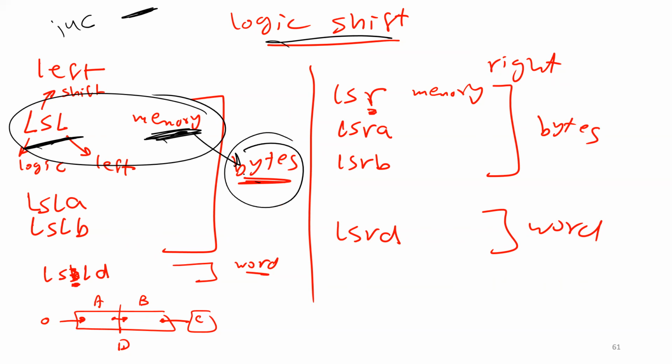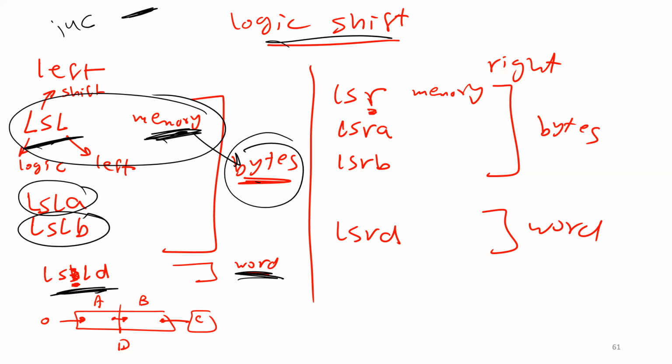Also, you can shift left register A, you can shift left register B as well. Also, we have only one instruction, logic shift left for register D. This is the only one we have for a word. So very easy. For the logic shift left, we have 4 instructions as you see here. We have 3 instructions for bytes and 1 for a word, for register D.